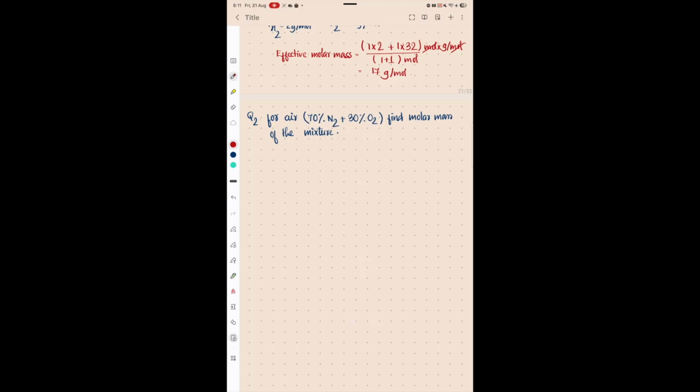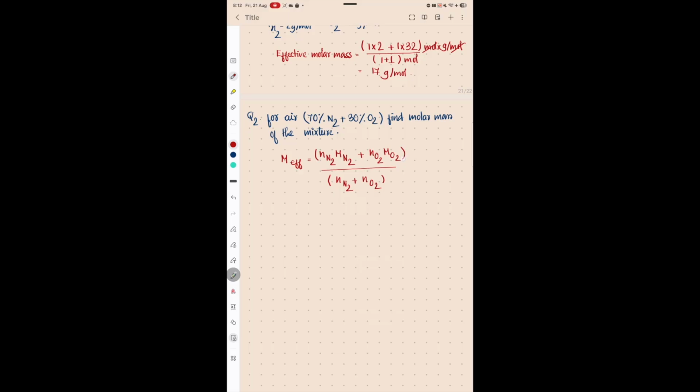Okay, so M effective is equal to n of N2 times molar mass of N2 plus n of oxygen times molar mass of oxygen, divided by n of N2 plus n of oxygen.